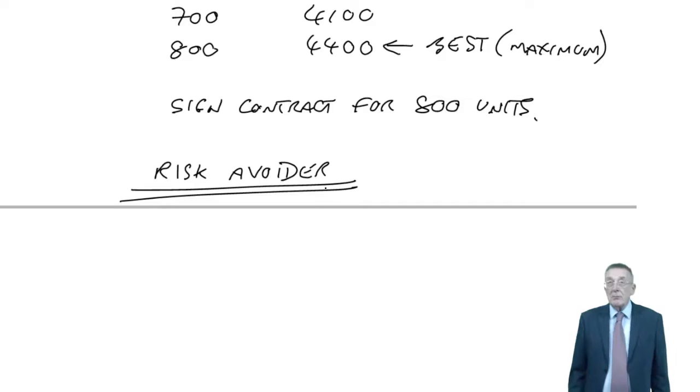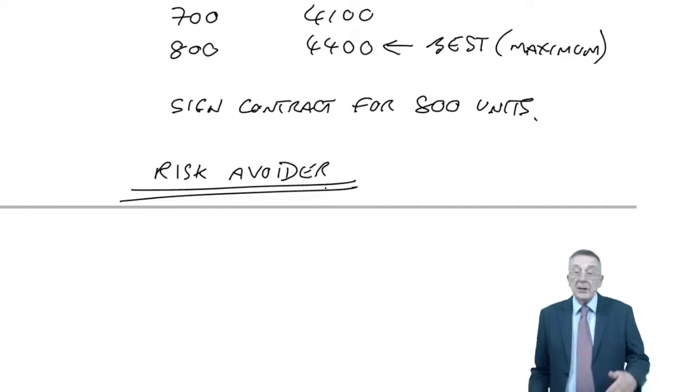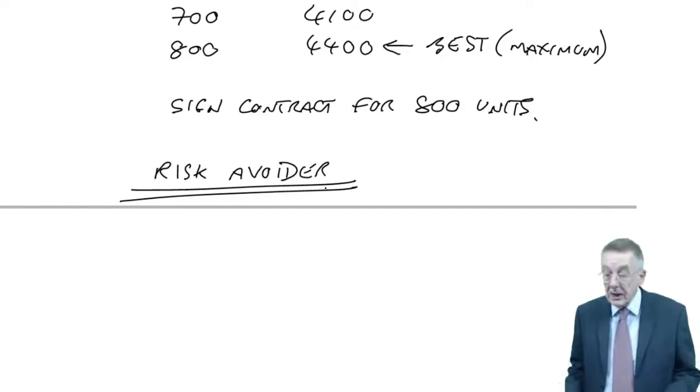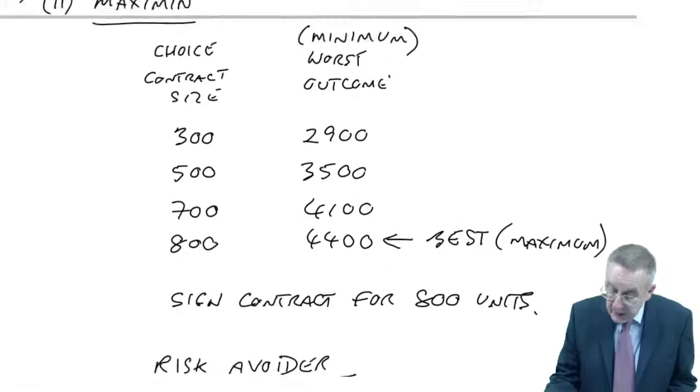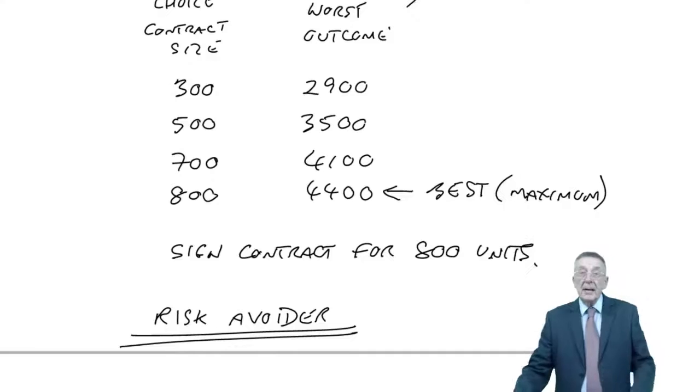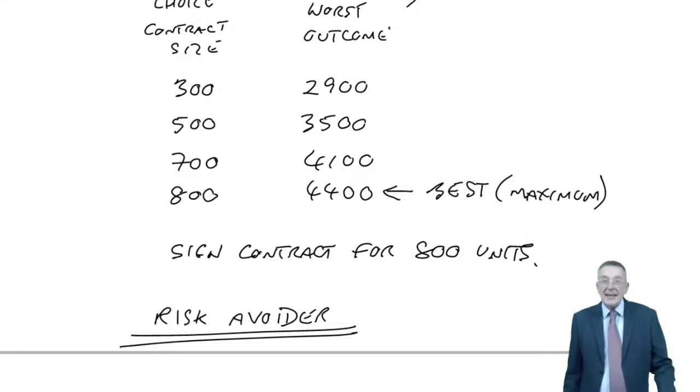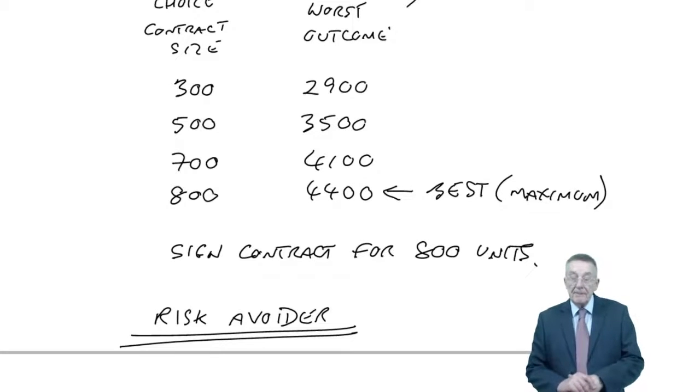It's quite common to be asked, what's the attitude to risk of somebody who takes the Maximin approach? They're a risk avoider. We could get more if you look back at the table, but we'd be risking getting less. Here we've avoided the risk.